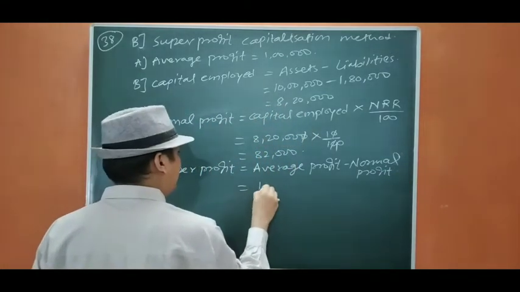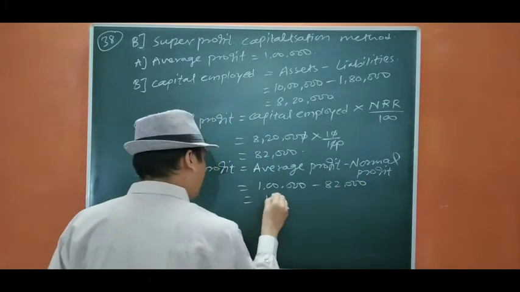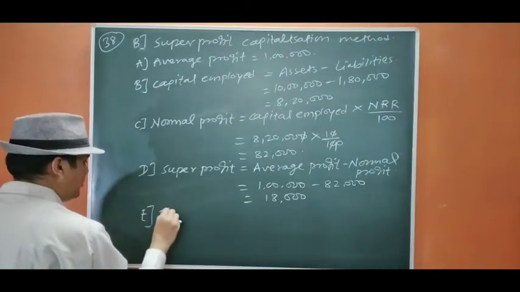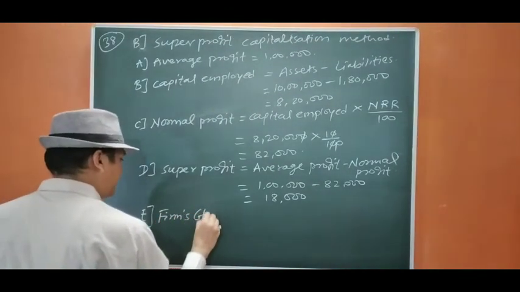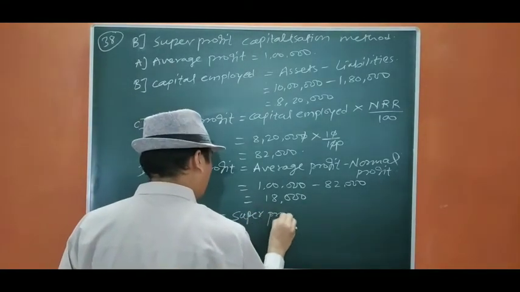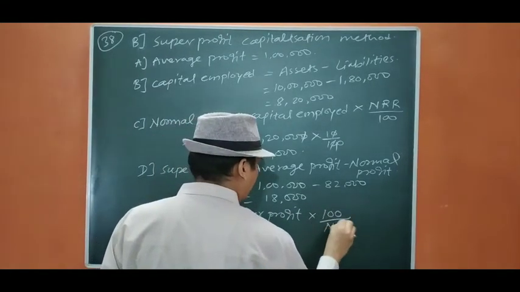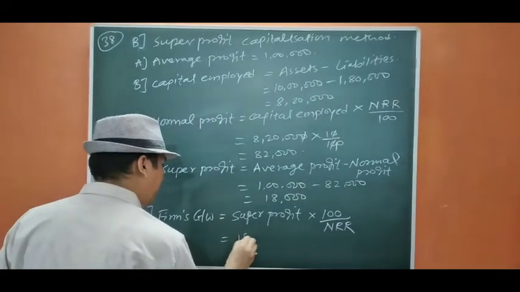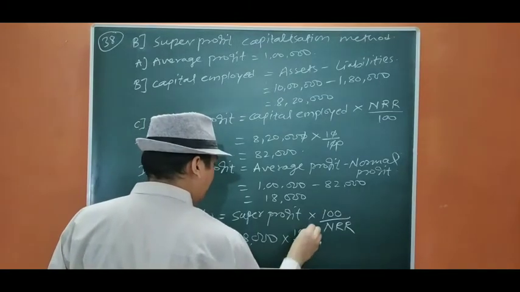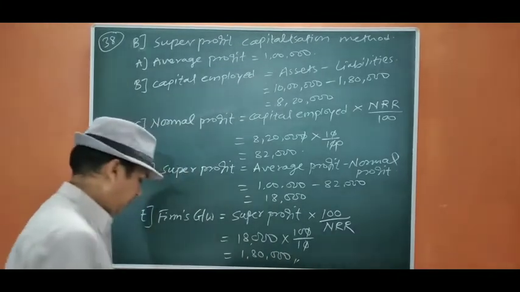Okay, that will be 1 lakh minus 82,000 equals 18,000. Then goodwill equals super profit into 100 upon normal rate of return. Super profit 18,000 into 100 upon 10. So it will be 1 lakh 80,000. Okay, this is the end of question number 38.